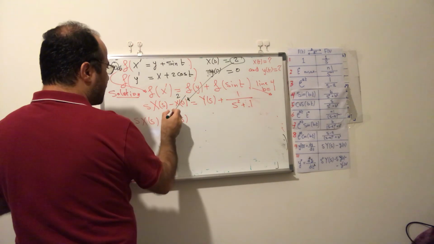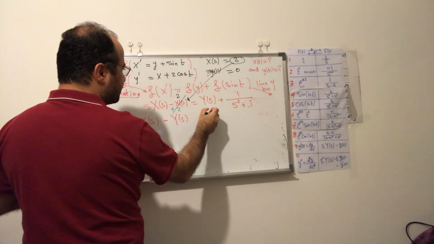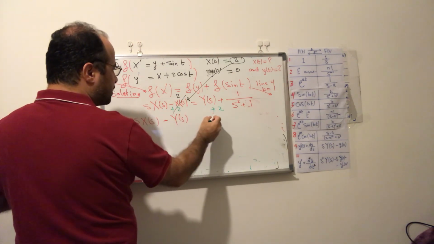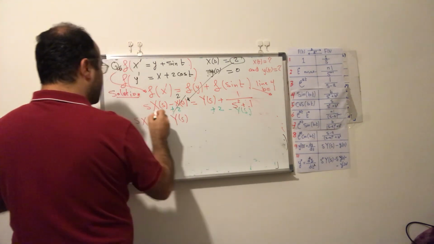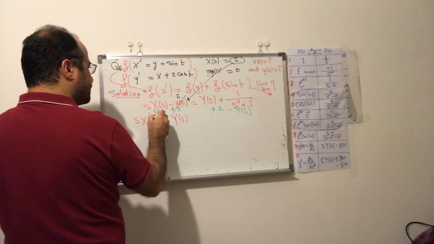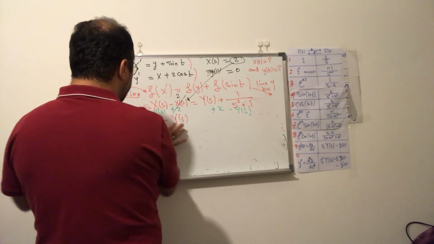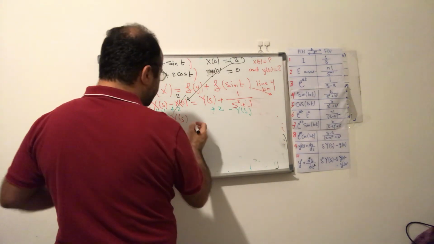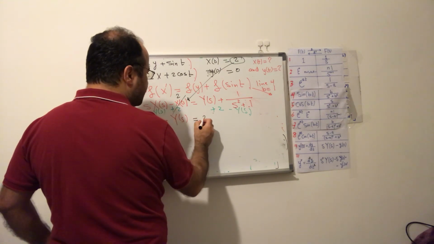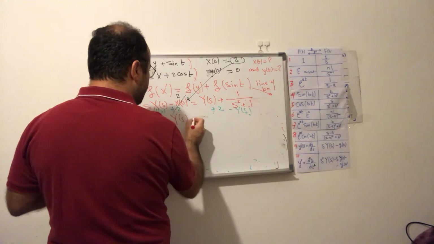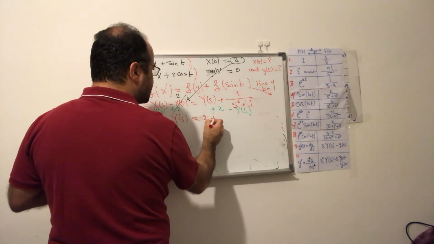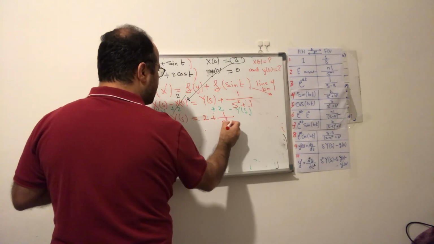I'm adding 2 to both sides and subtracting Y of s from both sides. Then I'm going to have this, and on the other side, I'm going to have 2 plus 1 over s squared plus 1.